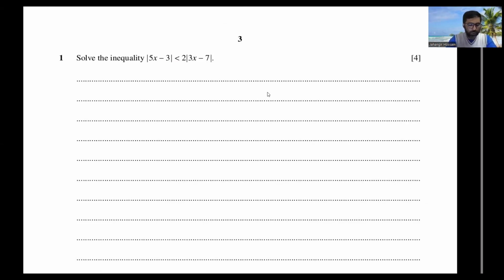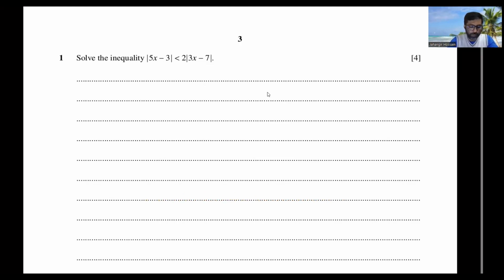Question number one is solve the inequality involving modulus. In fact, you can solve modulus inequality in three different ways. That is, you can use the graph of the modulus on both sides of the inequality, then find the point of intersection, and from the graph, decide the region which satisfies this inequality.